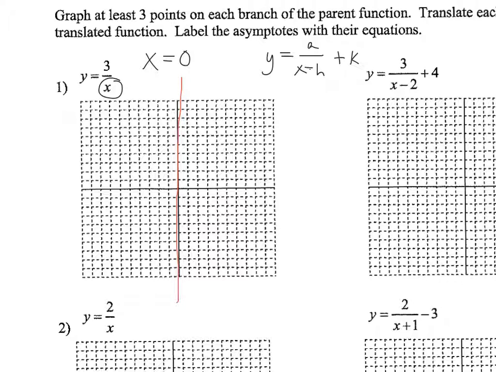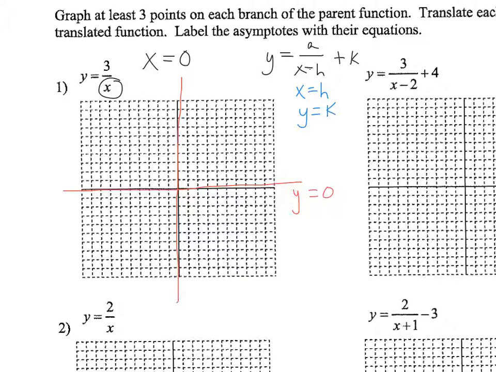The vertical asymptote is going to be at x equals h, and the horizontal one is going to be at y equals k. So right now I'm not shifting left or right, so that's why it's x equals 0, and I'm not shifting up or down, so the asymptote is going to be y equals 0.